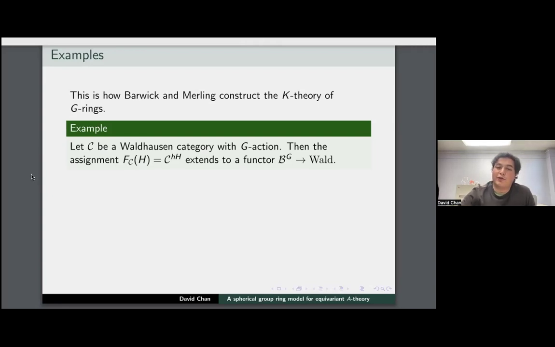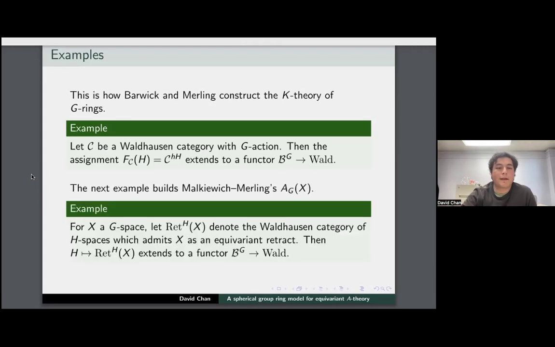Then what do you do? You should send the subgroup H in G to the homotopy fixed points of the action on C with respect to H. And I claim that this extends to a functor from BG into Waldhausen categories. So in this case, Waldhausen categories is a sufficiently nice category to take K-theory of. That's all you really need to know about it. And this is how you construct the K-theory of G rings.